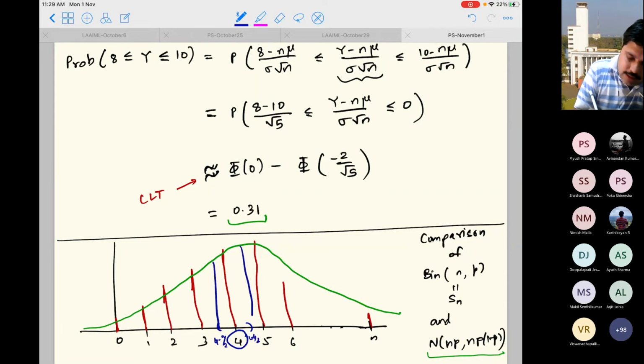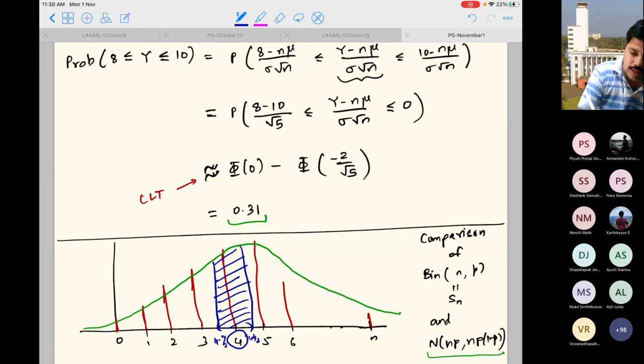I will look at this shaded area, and I'll say that this shaded area is the approximation of the red line that is standing there, which is the true value I'm really interested in.